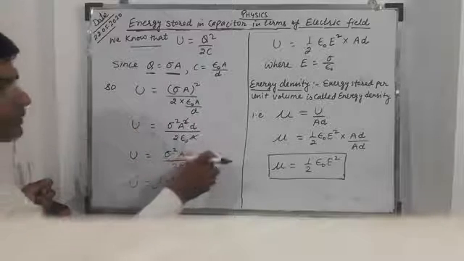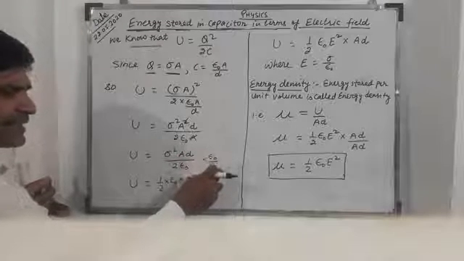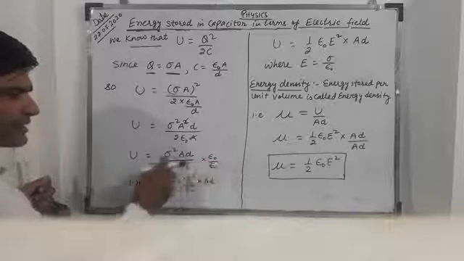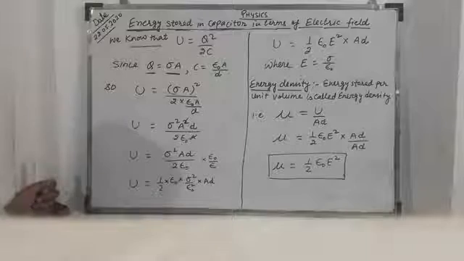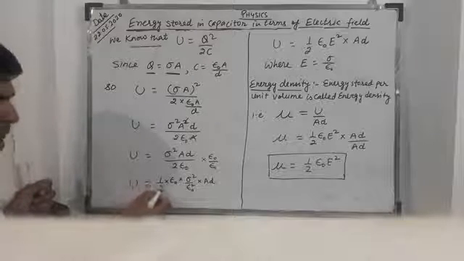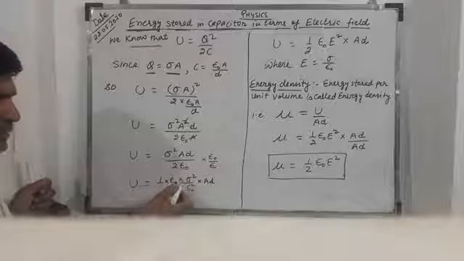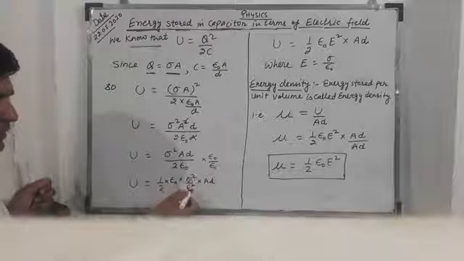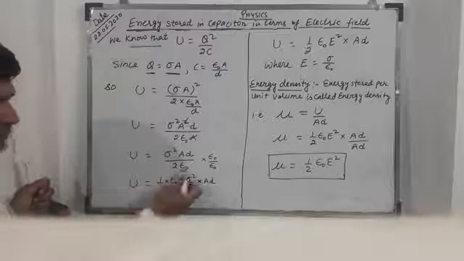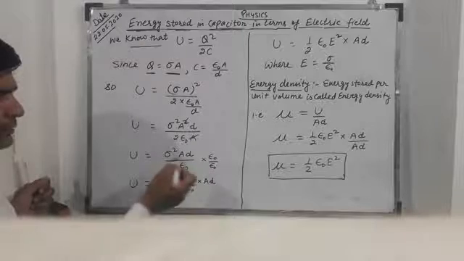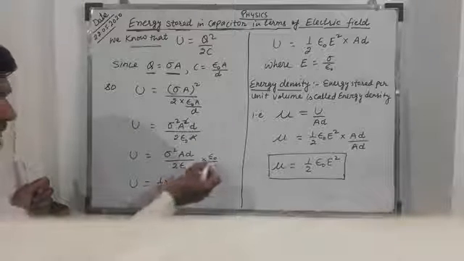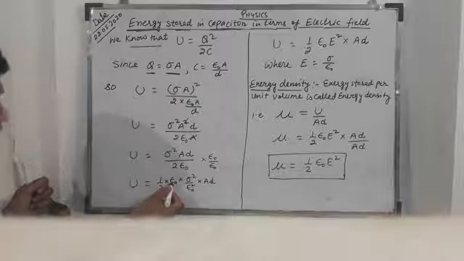Now, by multiplying and dividing by epsilon naught in this equation, we get U is equal to 1 upon 2 epsilon naught, sigma squared upon epsilon naught squared, because 2 epsilon naught are there and this epsilon naught comes first.